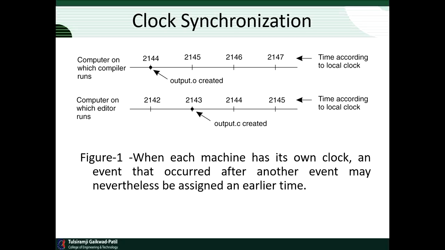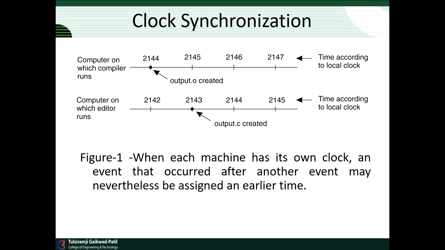On the other hand, if input.c has time 2144 and input.o has time 2145, no compilation is needed. Thus make goes through all the source files to find out which ones need to be recompiled and calls the compiler to recompile them.